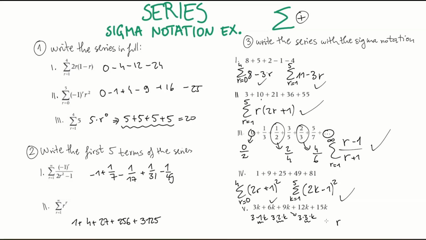So we just write 3 times r times k, because we have k in the series, and it doesn't specify what k is, so we just have to leave it there, and we just write our sigma notation, and we will specify that r is running from 1 to, since we have 5 terms, to 5, and leave the k there as it is because it's not specified.